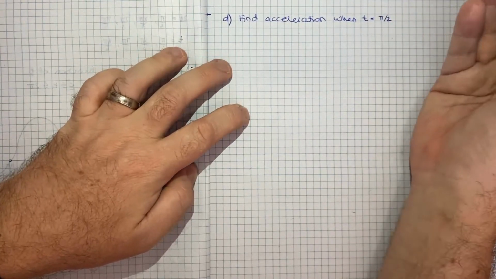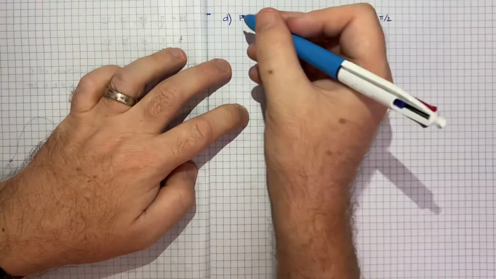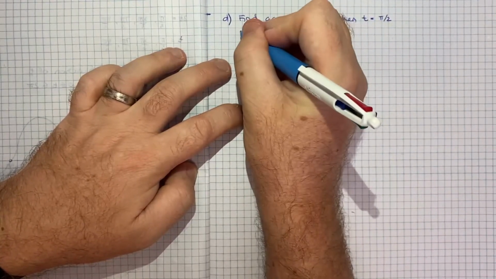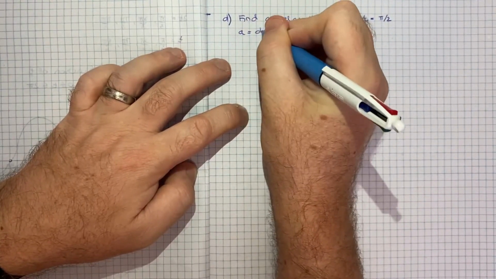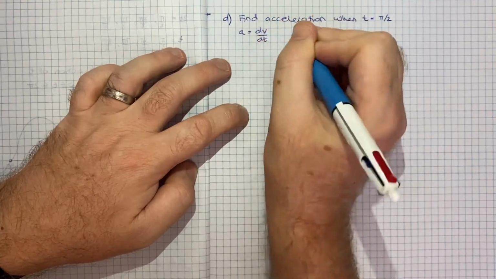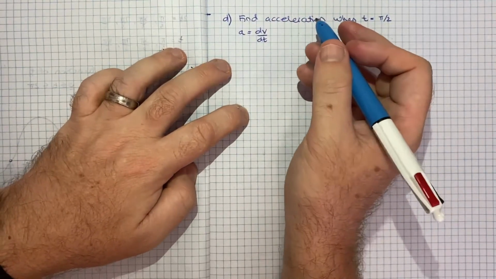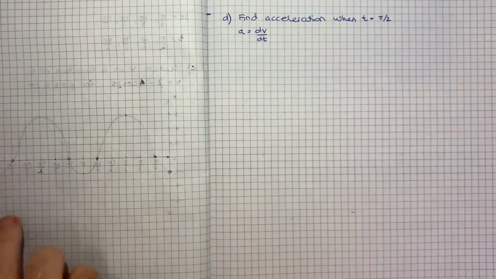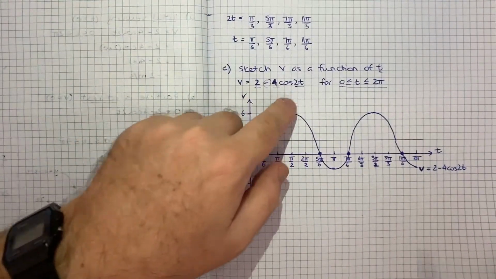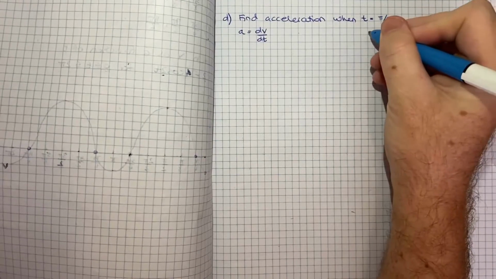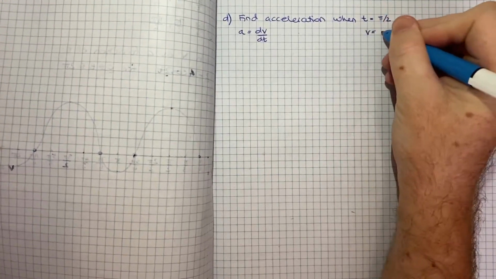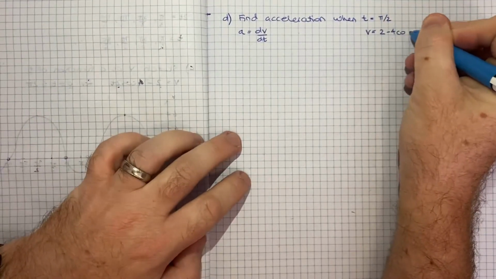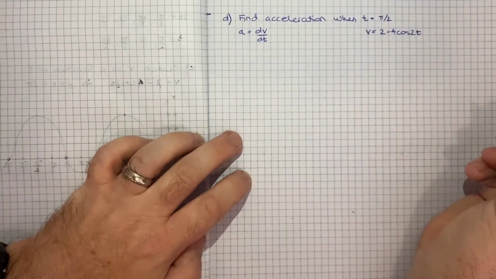So the first thing you need to appreciate is, with these applications of calculus, the acceleration is the derivative of the velocity with respect to t. So what we need to do is differentiate this curve. So if I just note over here, v is equal to 2 minus 4 cos 2t, we want to differentiate this.